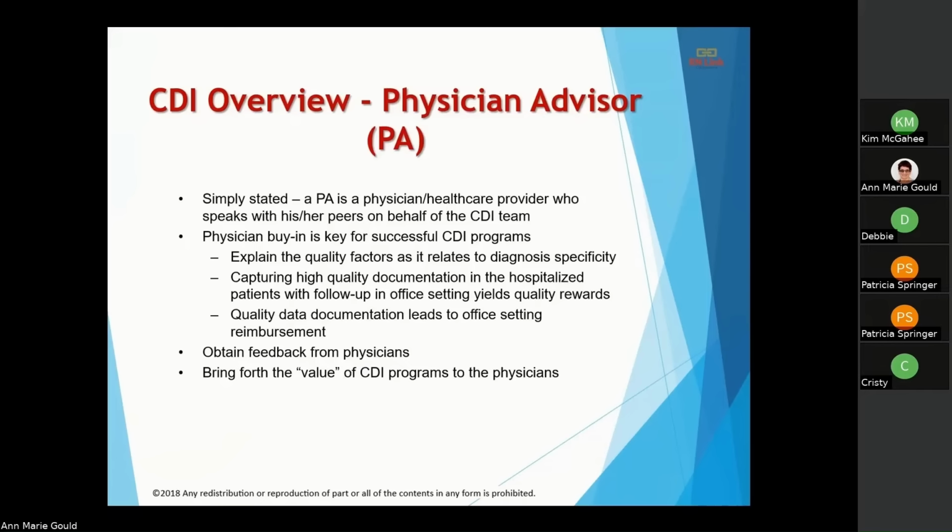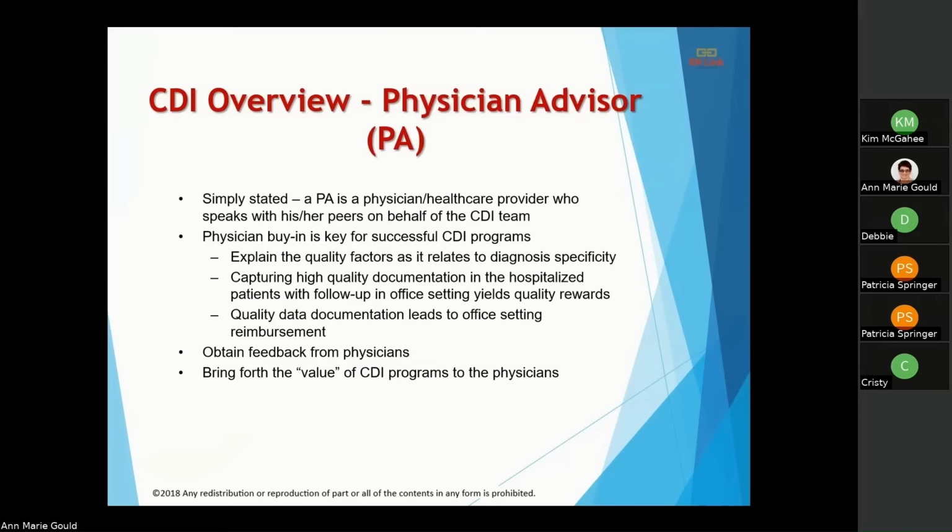Your PA can capture, we want to capture high quality documentation within the hospitalized patients with follow-up in office settings that yields quality rewards. So that's a big piece of the pie. That's where your HCCs, your hierarchical condition categories come into play. Because if the doctors are specifying that information within the inpatient setting and then say it's a community doc who admitted their patient, they're going to follow up with them in their office post discharge.